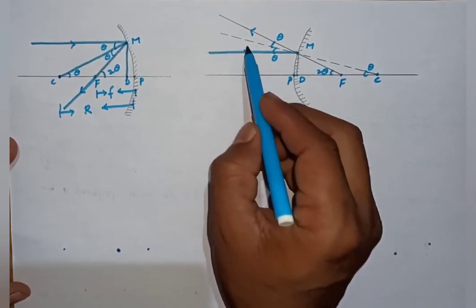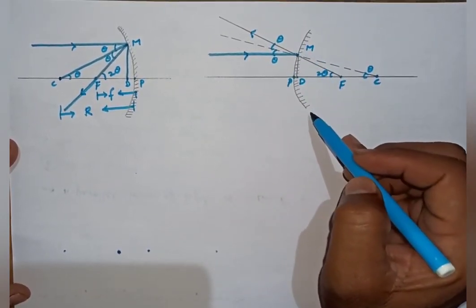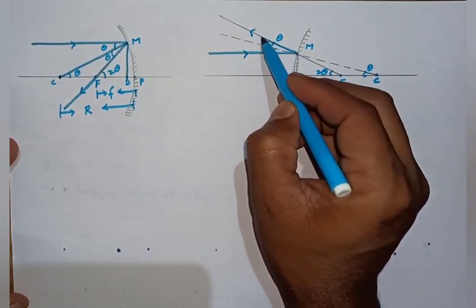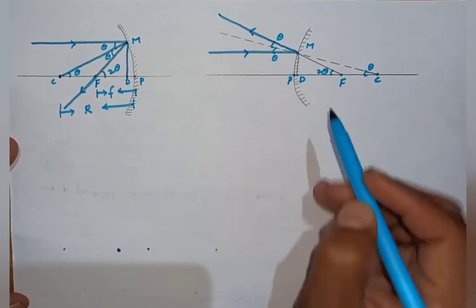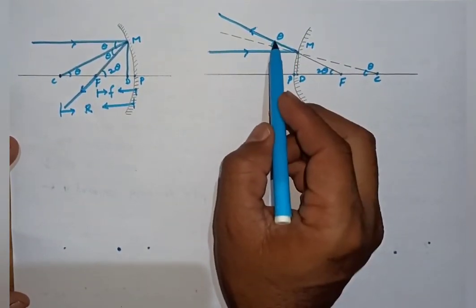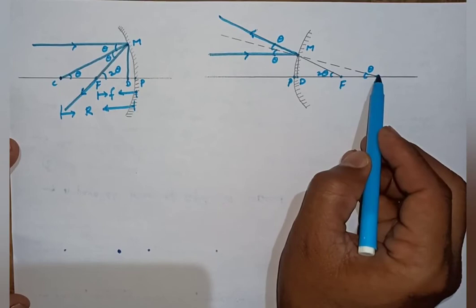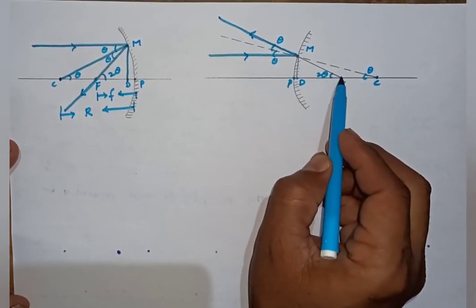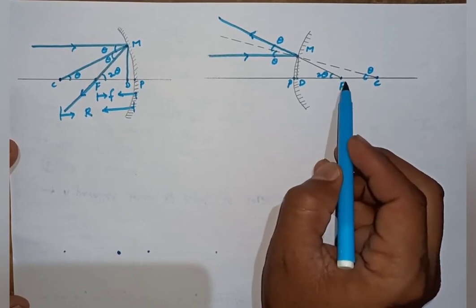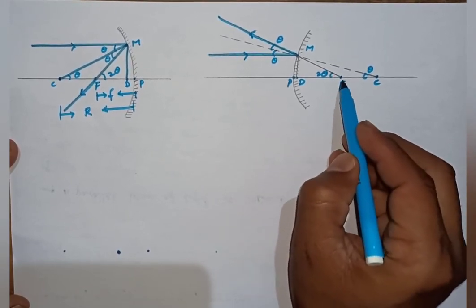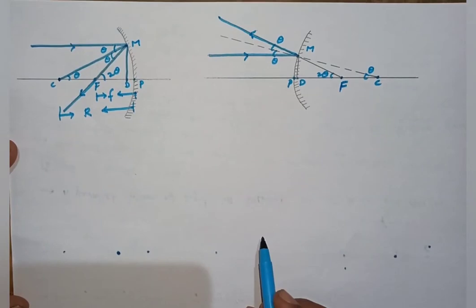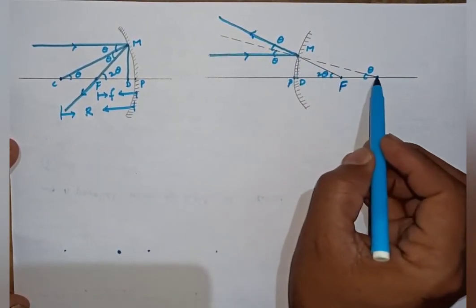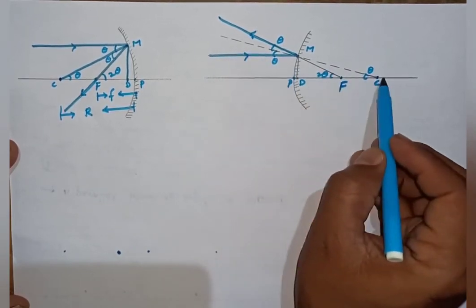Here also, when the incident ray is parallel to the principal axis and is incident on the convex mirror, it is reflected back. The reflected ray appears to diverge from point F. This point is called the focal point, the principal focus, and another ray is taken from the center of curvature.